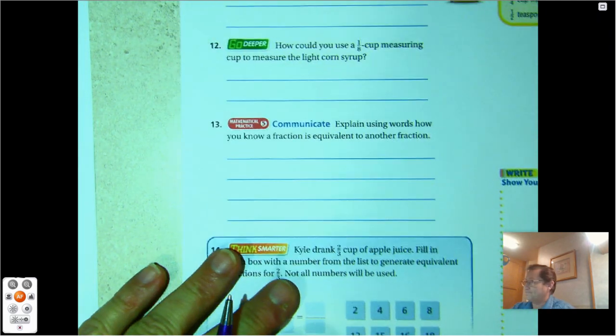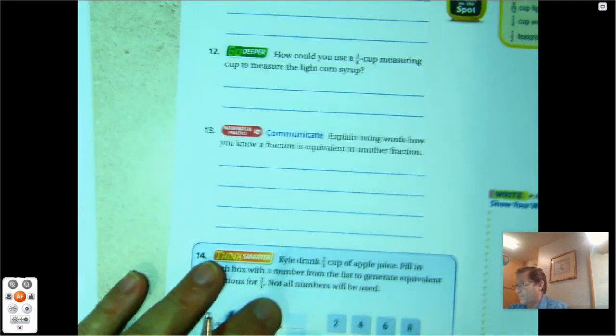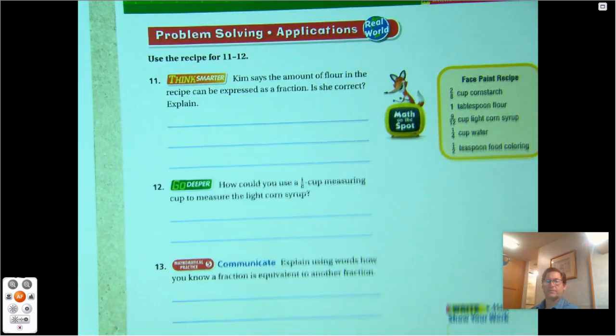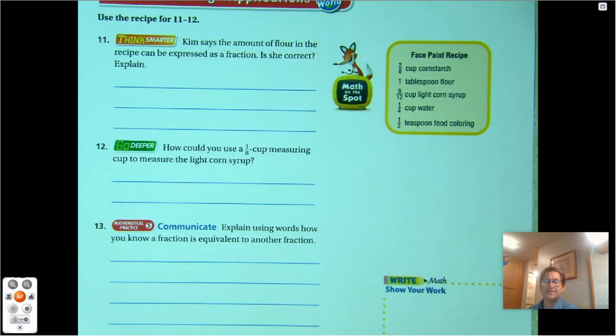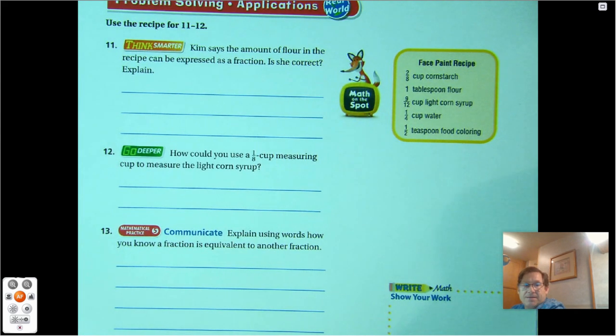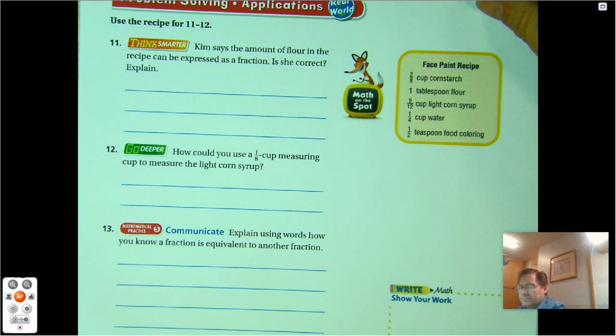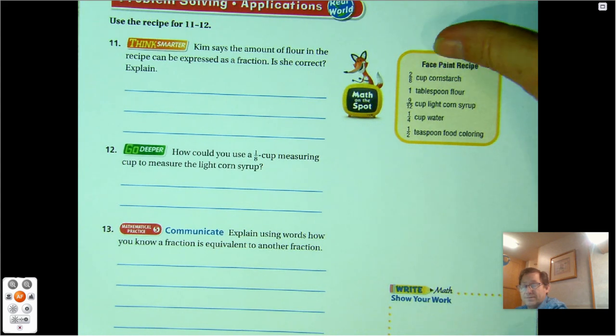All right, so let's go to 244. Kim says the amount of flour in the recipe can be expressed as a fraction. Is she correct? And explain. It would help if you guys could see it. The recipe we're using is over here, the face paint recipe. It's funny how your brain will combine two words into one.